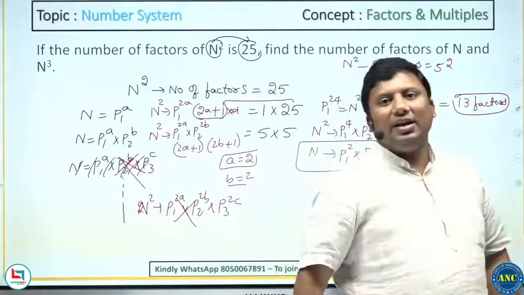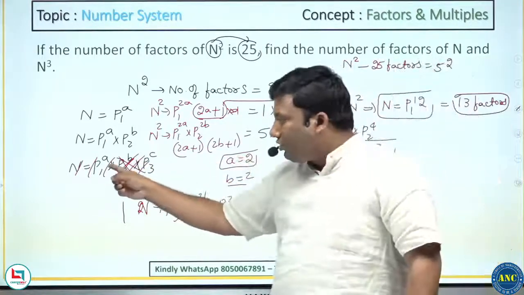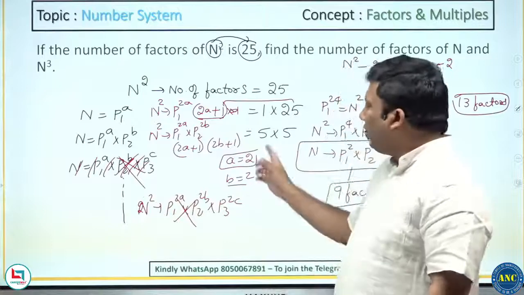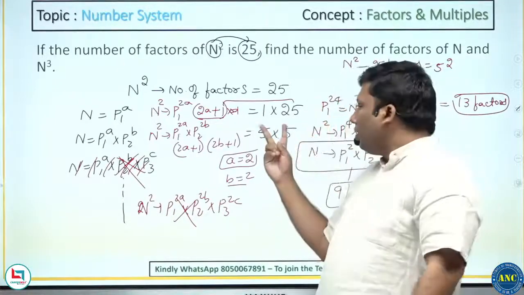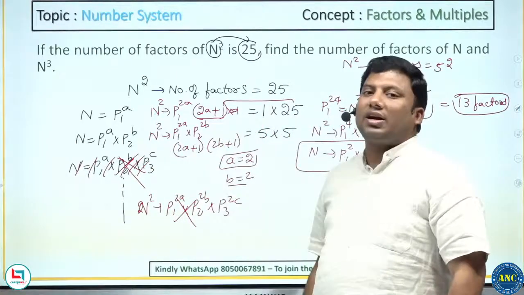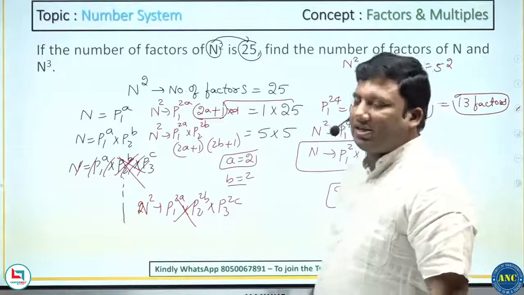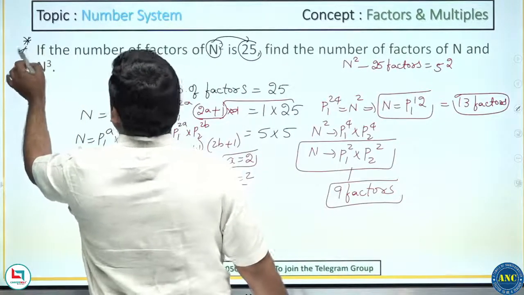You can eliminate even values in the answer. I hope the idea it is clear. Why 3 prime bases are eliminated? You can only write 25 as 5 into 5. Only as a product of 2 you can write. You cannot write it as a product of 3. Third case is eliminated. Please put a star mark on this question.